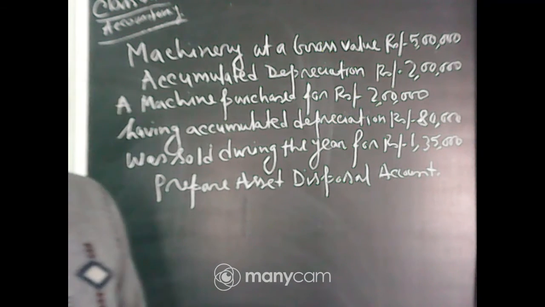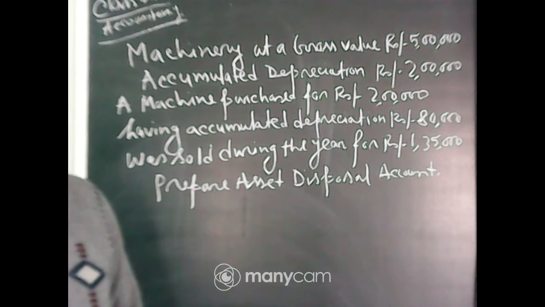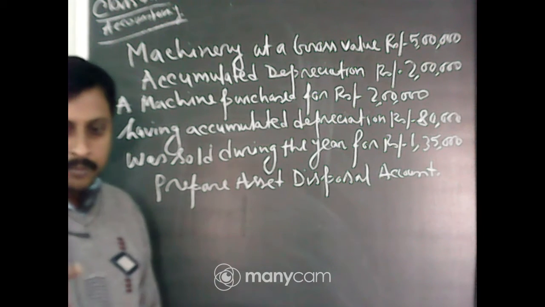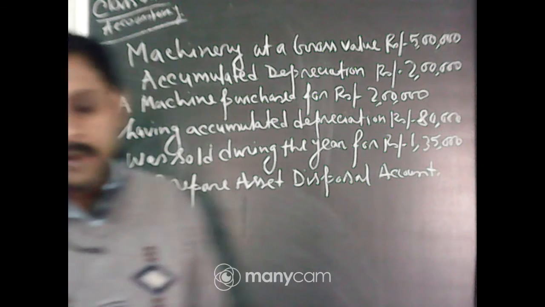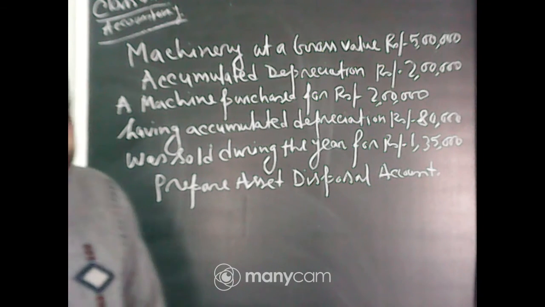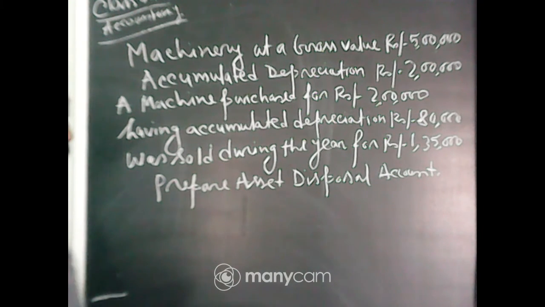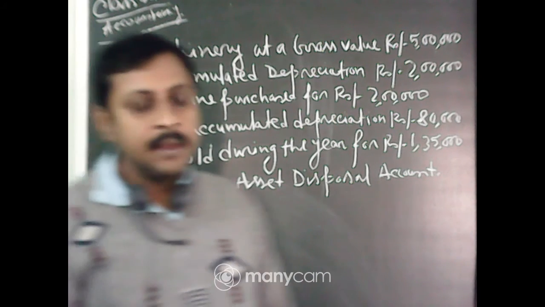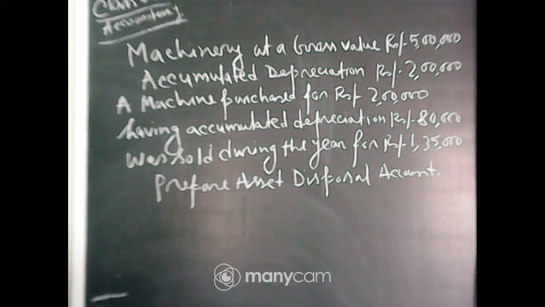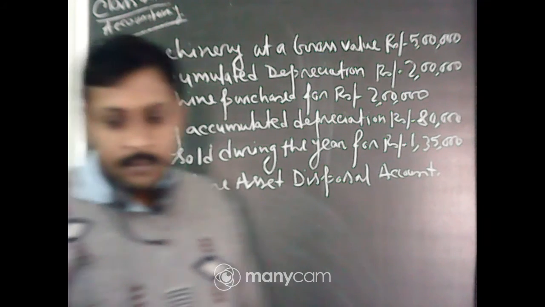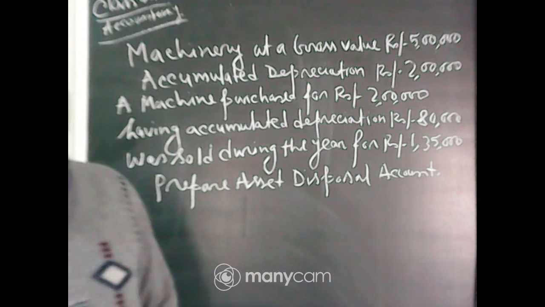Otherwise we can also see that in the machinery account we can sell the machine. But the particular need for asset disposal arises when there is more than one machine in a company, so that things should be easy and not complicated.